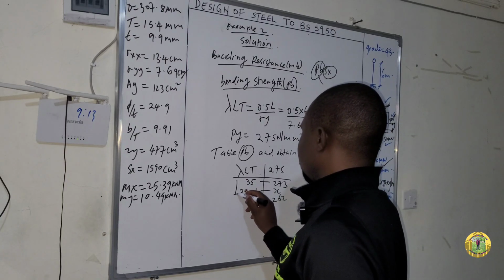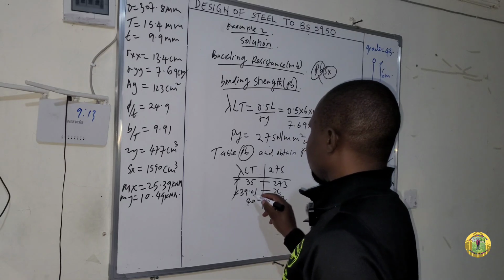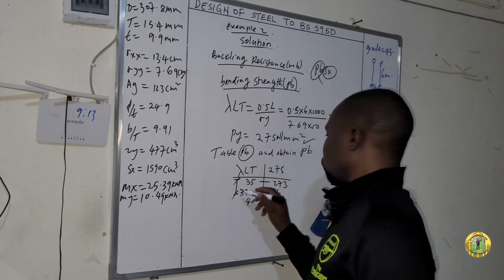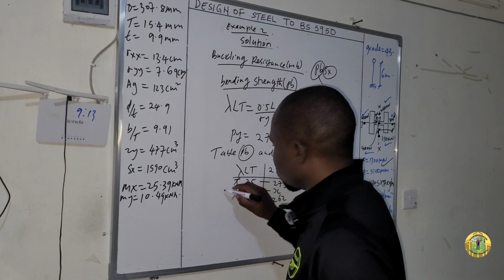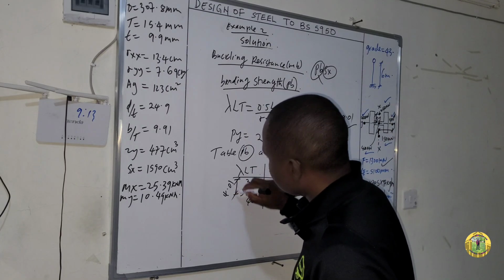So get the difference. So this is 39.01 minus 35, this is 4.01.